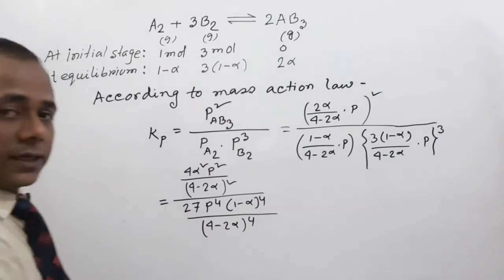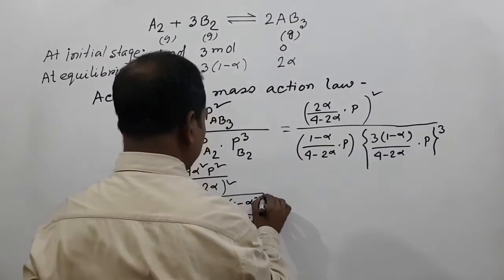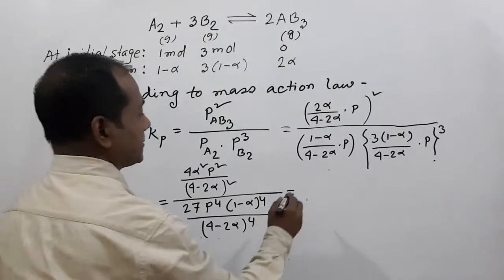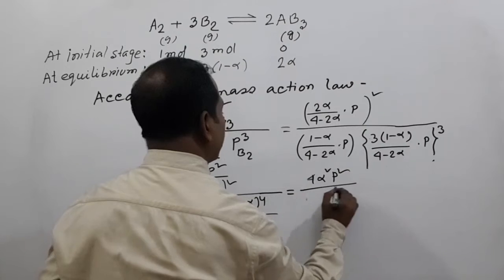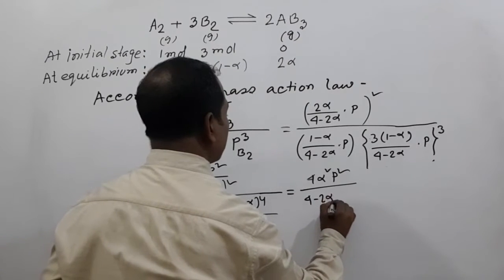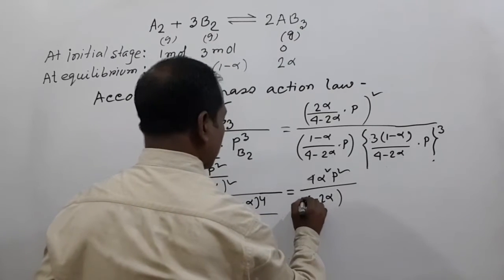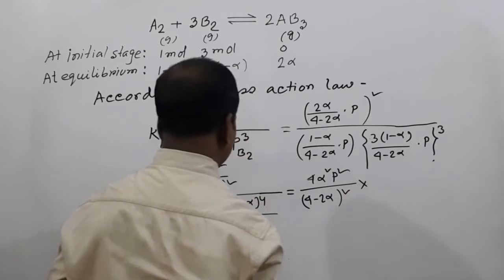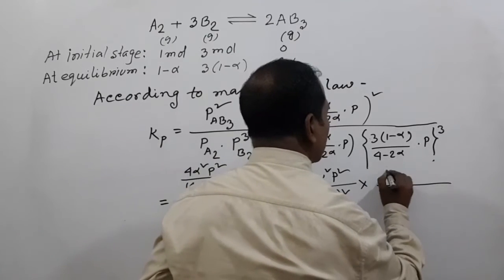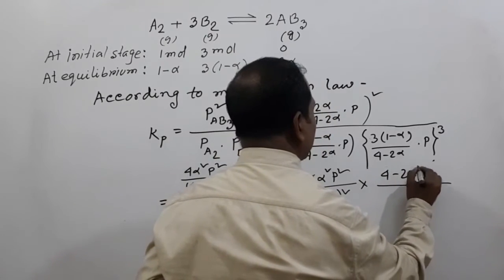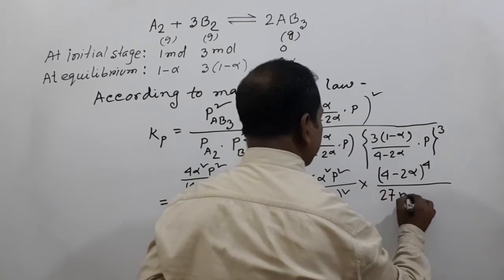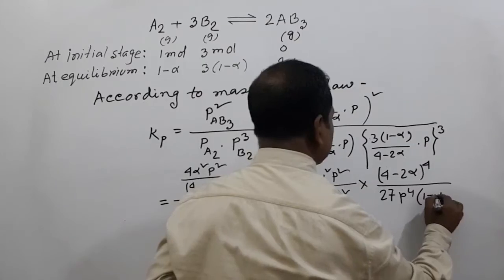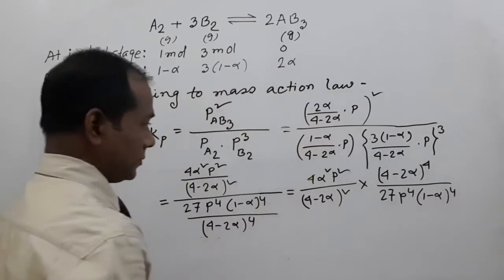Now, my dear students, here we get 4 alpha squared P squared divided by (4 minus 2 alpha) whole squared, into (4 minus 2 alpha) whole to the power 4, divided by 27 P to the power 4 (1 minus alpha) whole to the power 4.